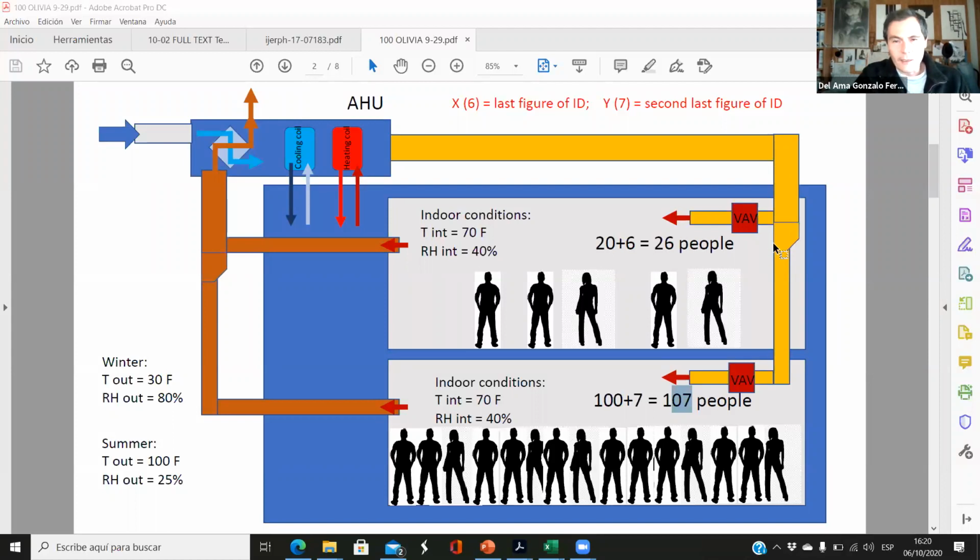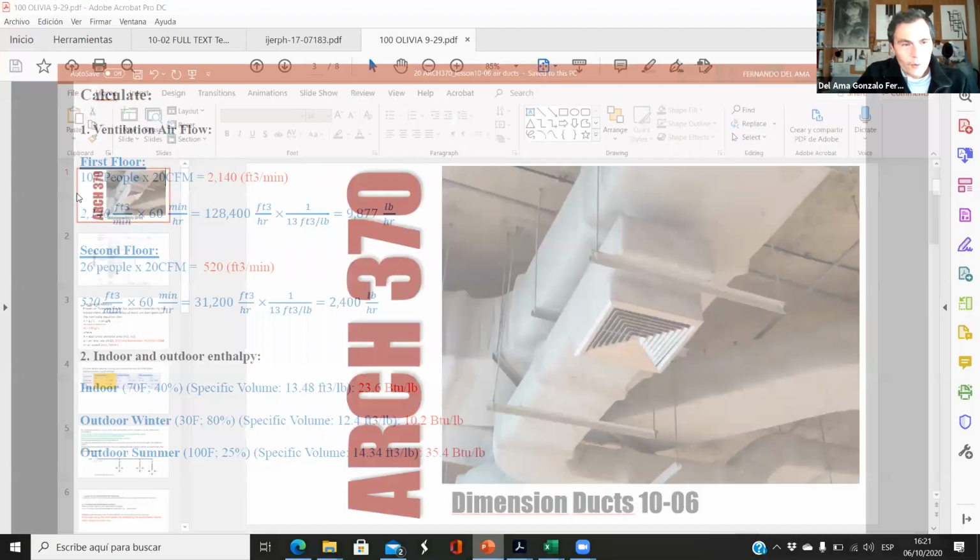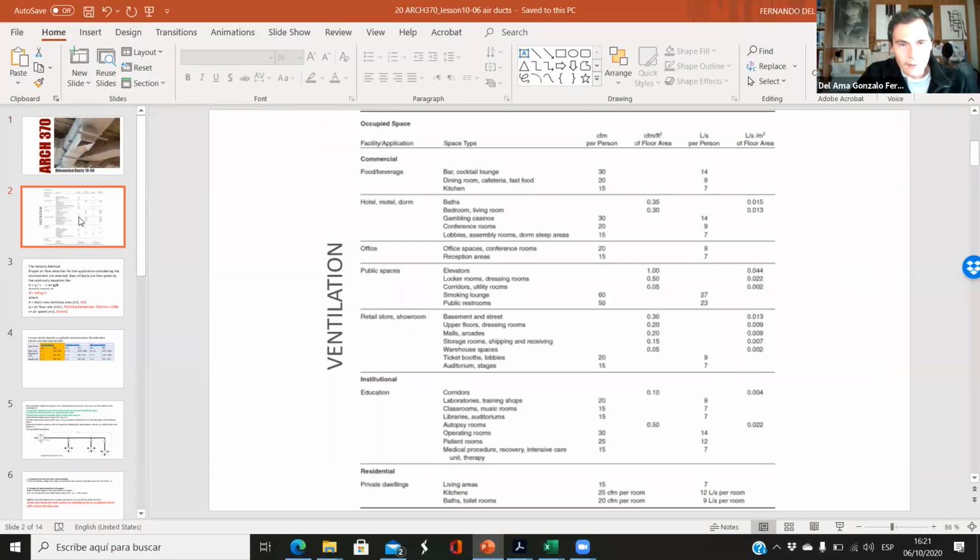So we have 26 people and we have 107 people. What have we done here? First, we need to calculate the CFM, the cubic feet per minute. I told you that it's always 20 CFM per person. Well, today I want to explain where it comes from.